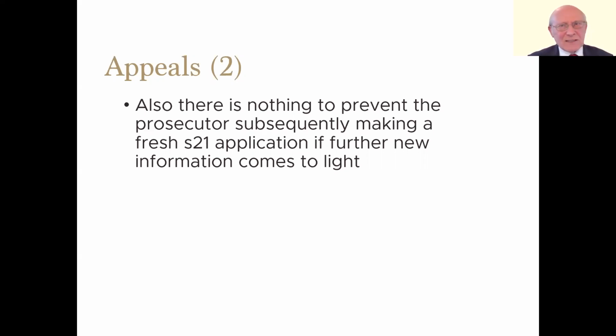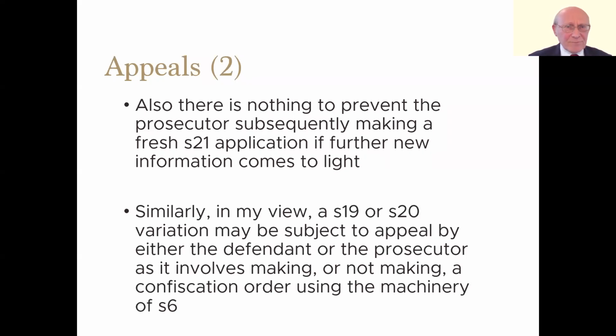It would be a bit of a crazy situation, but in law, there is nothing to stop that. And similarly, in my view, a Section 19 or a Section 20 variation may be subject to appeal by either the defendant or the prosecutor, as it involves the making or not making of a confiscation order using the machinery of Section 6, Sections 16 to 18.